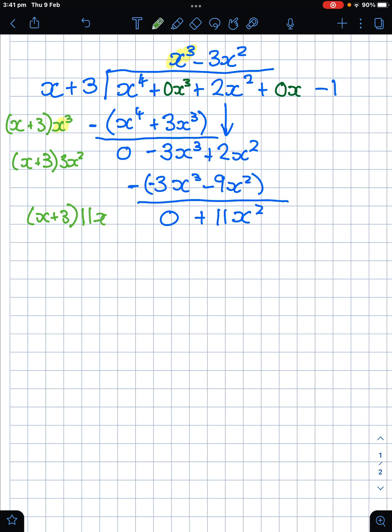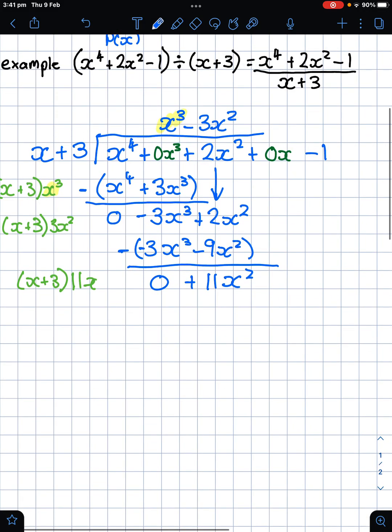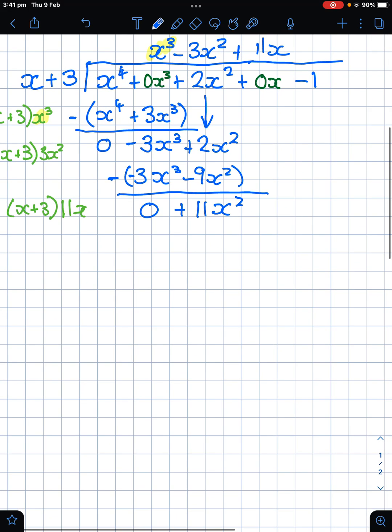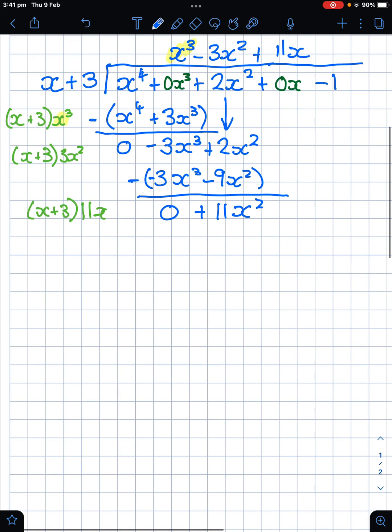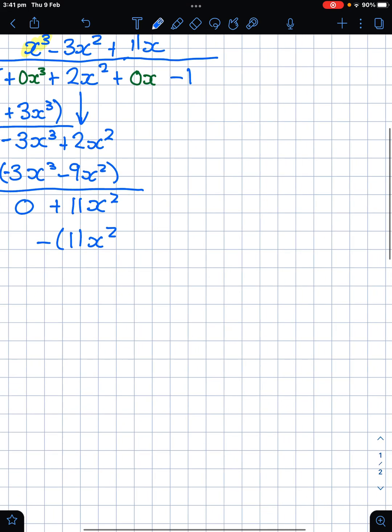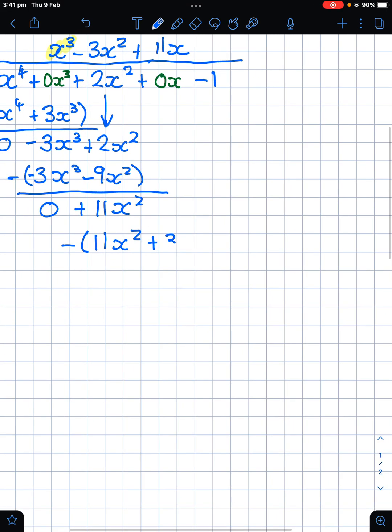And so our next line of working here is going to be, we're going to have plus 11x up here. And that is going to give us 11x squared, and then 11x times 3 gives us 33x. So plus 33x. And this 0x is going to come down here.